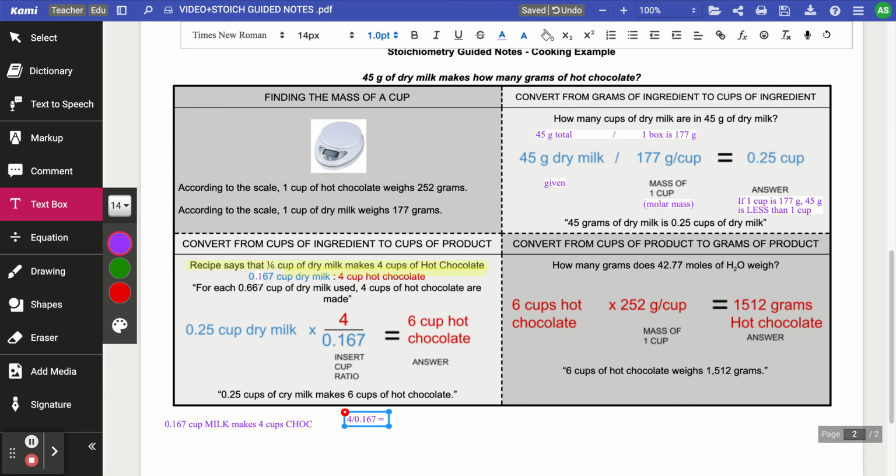Let's see what that number is. 23.95. What does that number mean? Well, it's saying 23.95 cups of chocolate are made from each cup of milk.